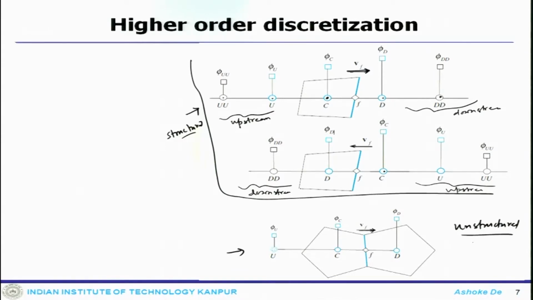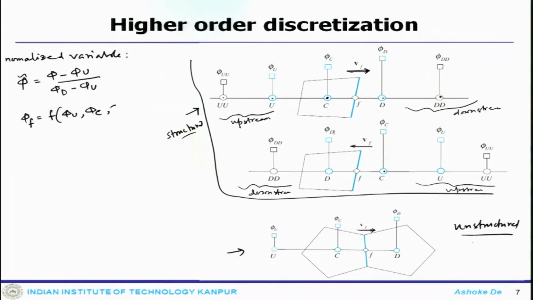Now, if you define your normalized variable such that phi tilde equals phi minus phi u divided by phi d minus phi u. So, the normalization relation is a function of u, c and d, which means it takes into account the upstream point, the cell which is concerned, and the downstream point, and it could be either way around.